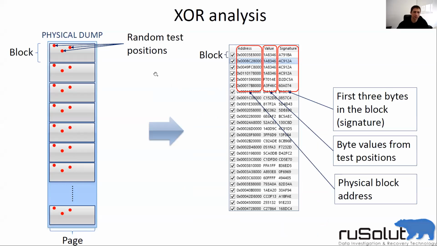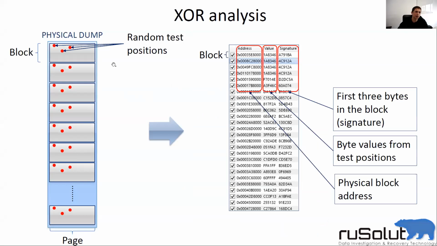Now let's see what the software does when we run XOR analysis. The software is trying to find the same blocks within the whole dump. So the software tries to find blocks with the same content.